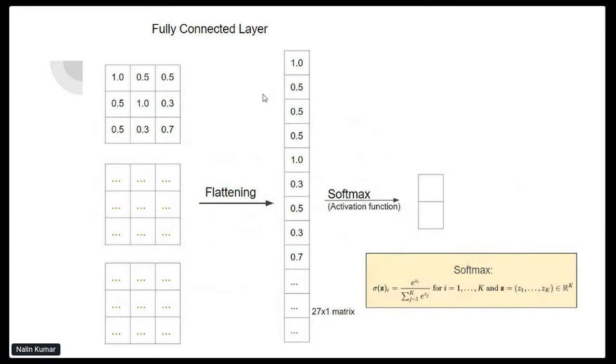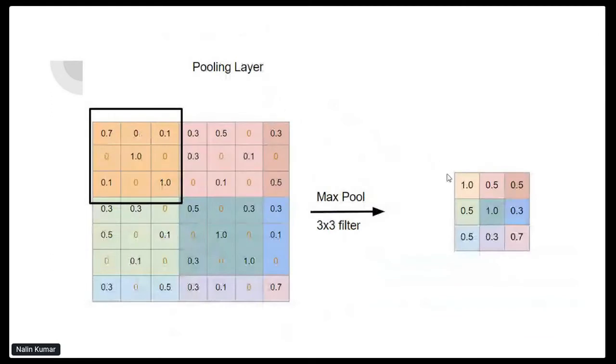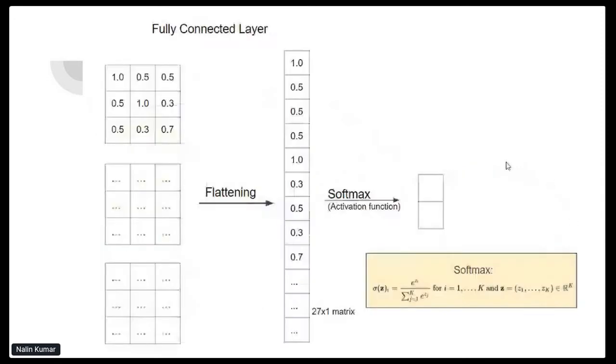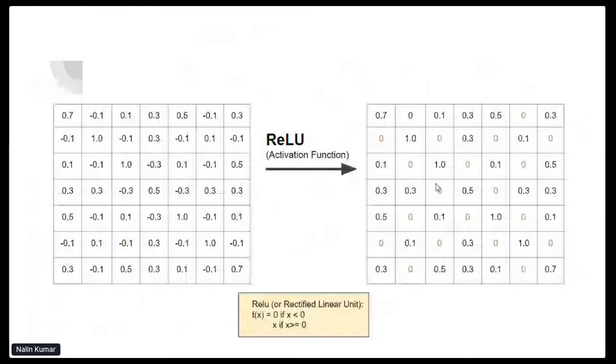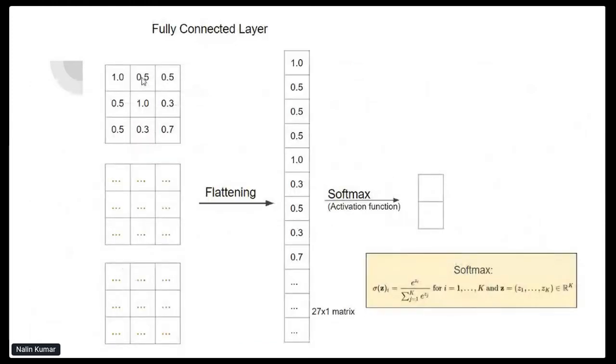After that, we flatten them and apply a softmax activation function. Flattening means we got three different matrices for three different features. We flatten them, so the 1.0 would come as the first element, then 0.5, then 0.5, then 0.5, then 1.0, 0.1, like this.